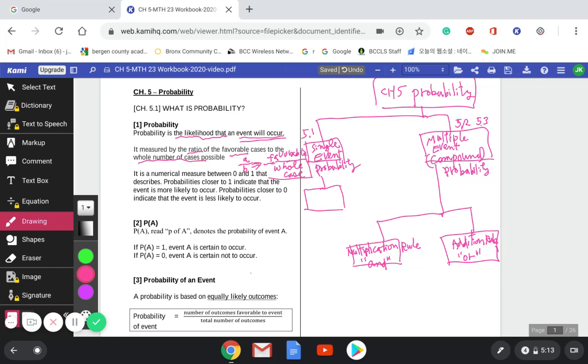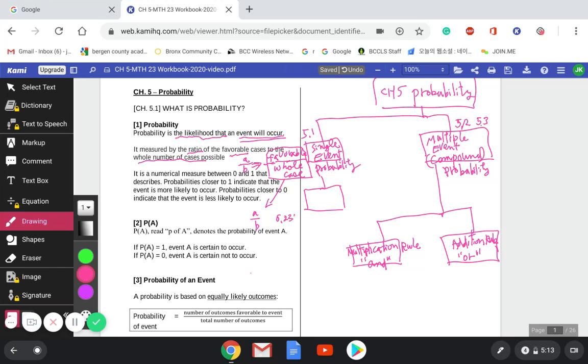So many times probability is expressed in fractional format, like A over B, or decimal format, like 0.234.